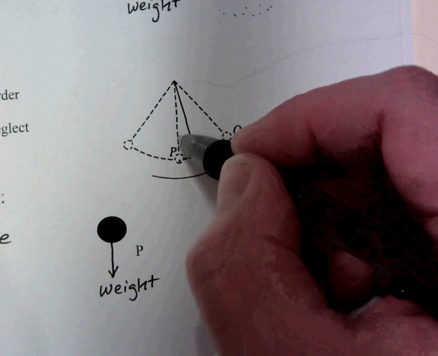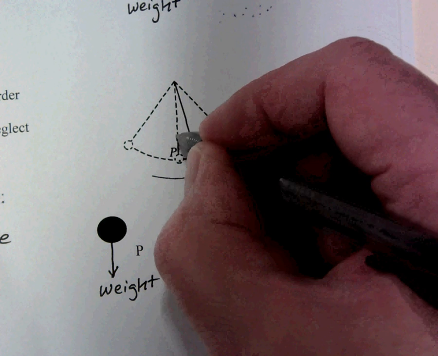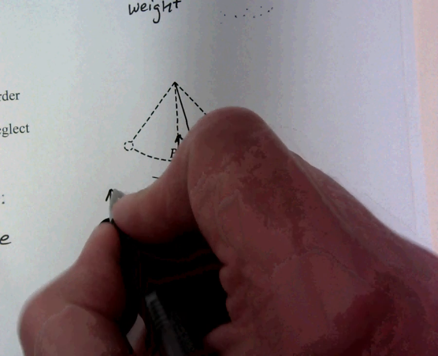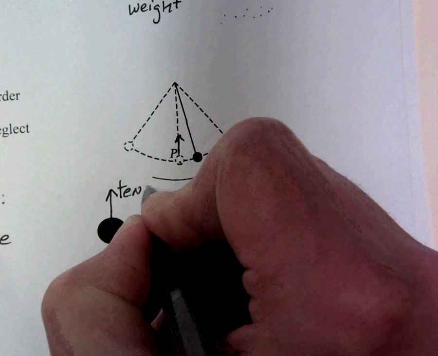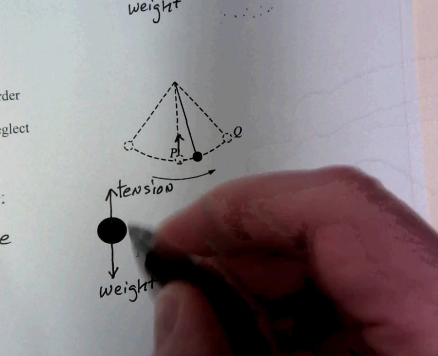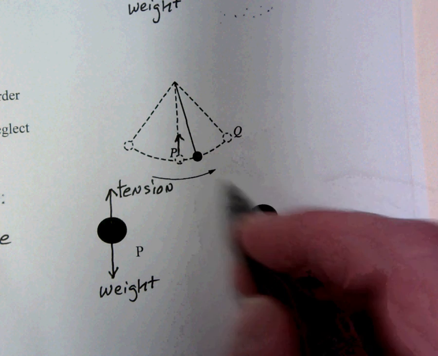We've got a string, so our string at P is straight up. So I have tension. Nothing else, we're good. We're not even worried about air resistance.